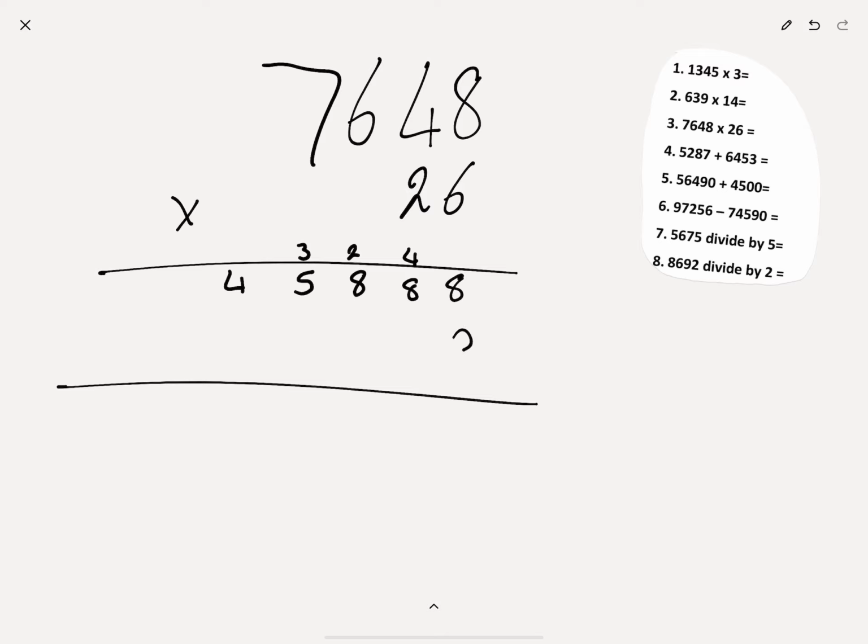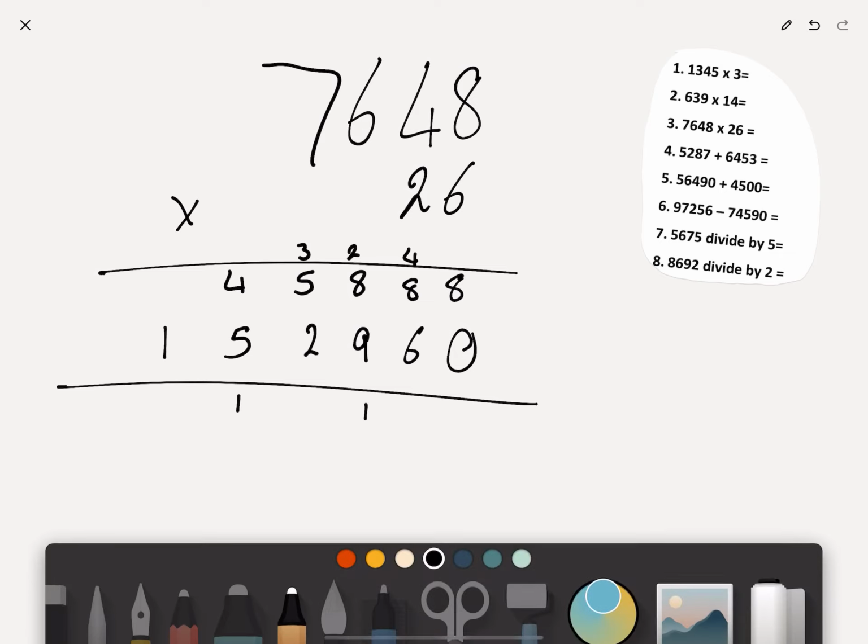Times 20, so pull that down. 8 times 2 is 16. I'm going to pull my carries down here. Place values wobbling a little bit now as well, if you notice I'm losing that. 4 times 2 is 8, 9. 6 times 12. 7 times 2 is 15. Okay, so now I just need to rub these out.